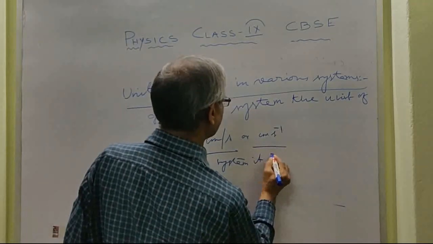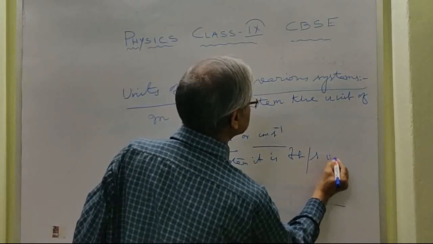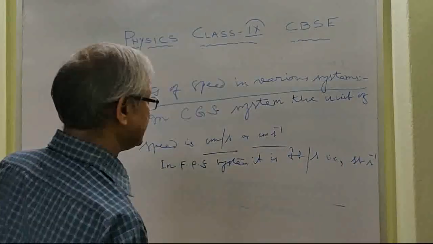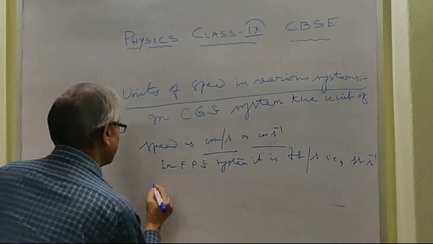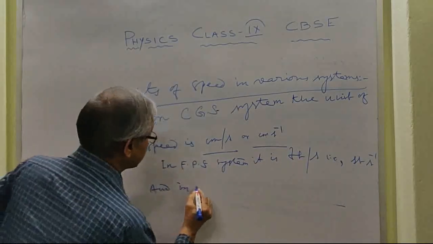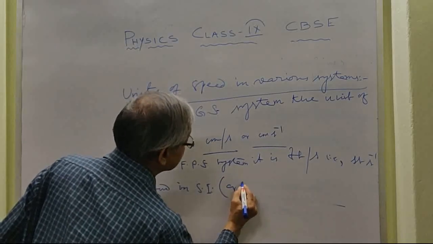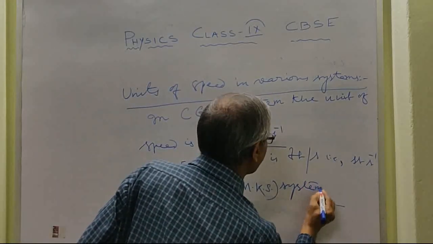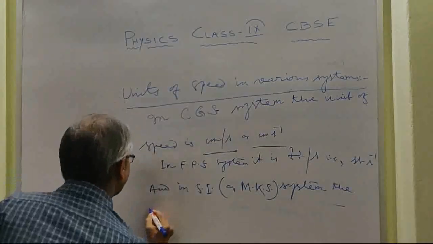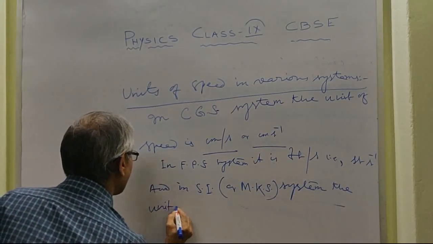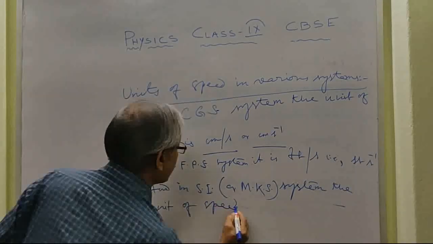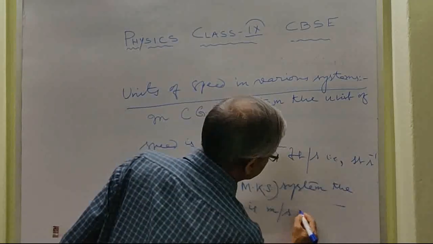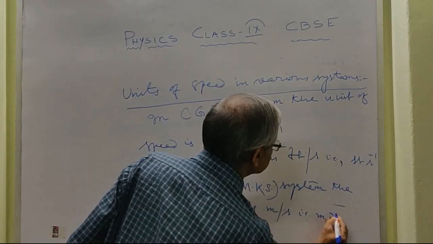In FPS system it is foot per second, that is foot second to the power -1, and, very important, in SI or MKS system, the unit of speed is meter per second, that is meter second to the power -1.